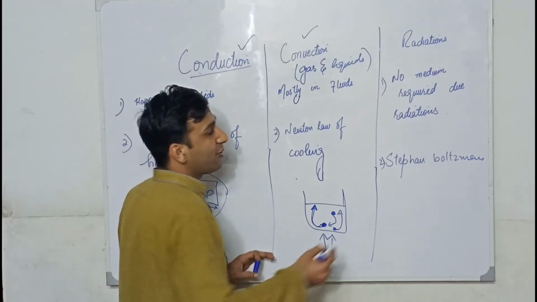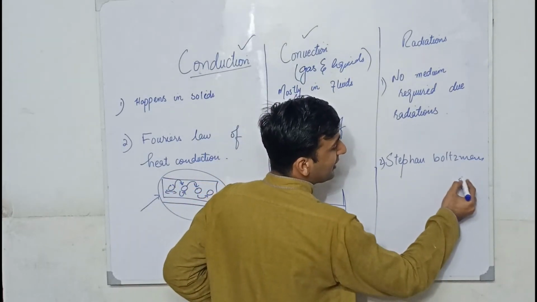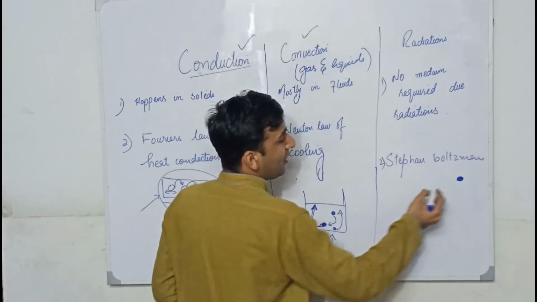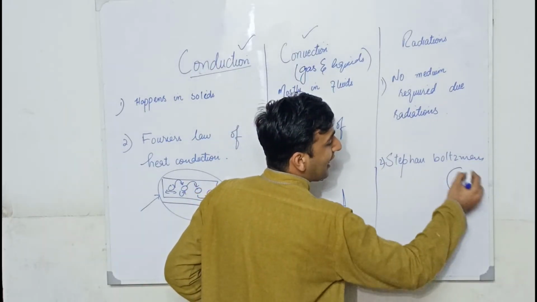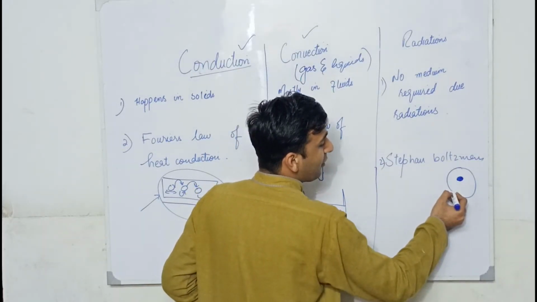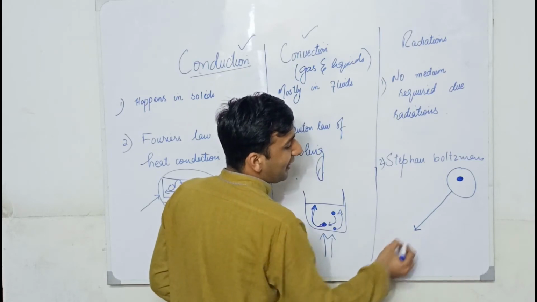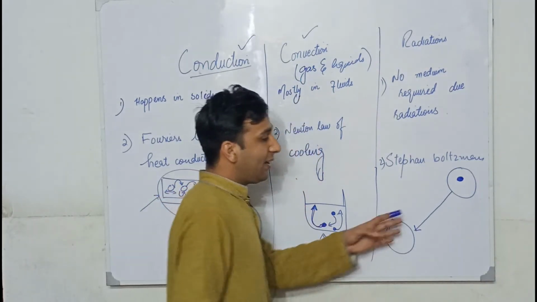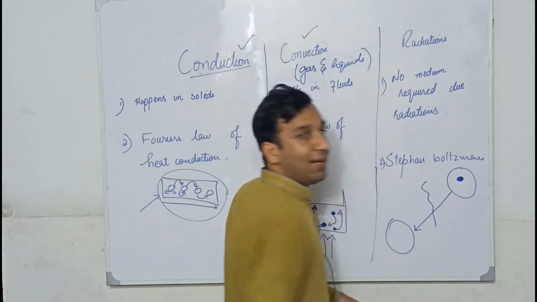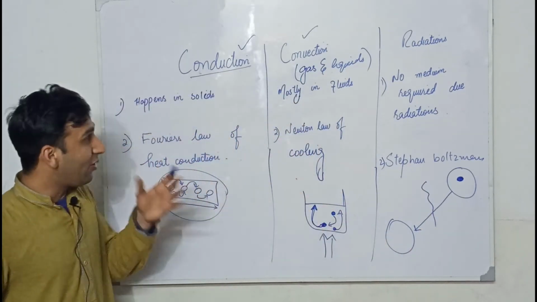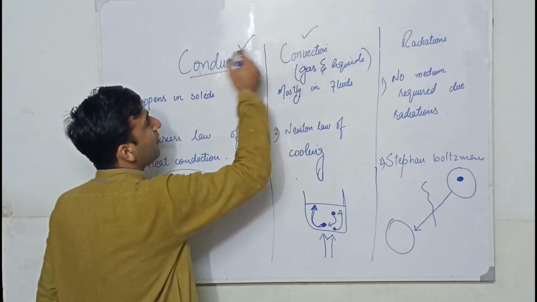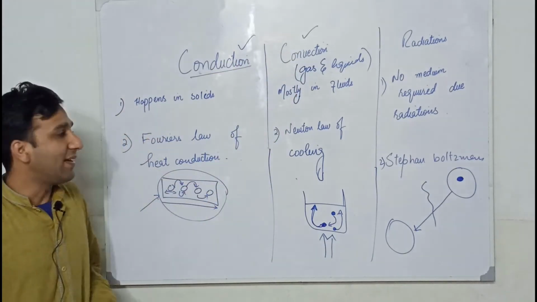While in the case of radiation, it is dependent on rays and wavelength. If we take the example of the sun, you will see that energy in the form of rays comes to the earth. So here it is medium independent. Now in heat transfer, we will mainly focus on these two phenomena, conduction and convection.